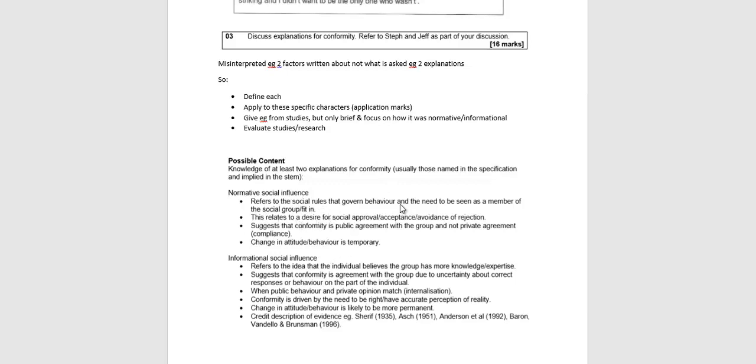So we know the normative is the need to fit in to the group, the wanting to belong to the group. Okay, and I would recommend that you then define that in terms of the type of conformity that we get is public but not private agreement. Okay, so they're just agreeing publicly but not privately, and therefore we end up with compliance.